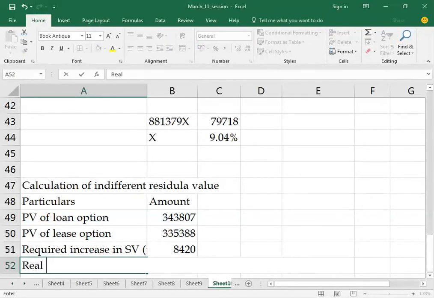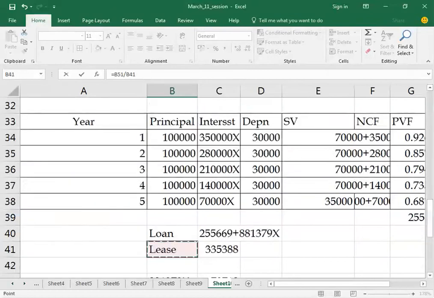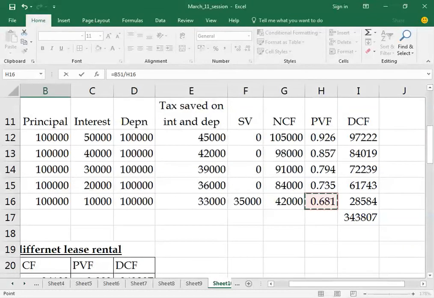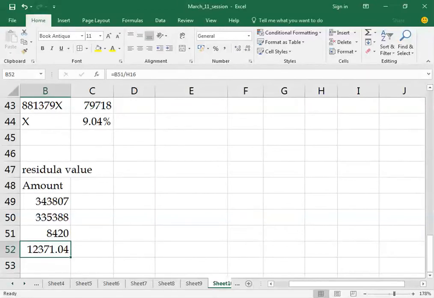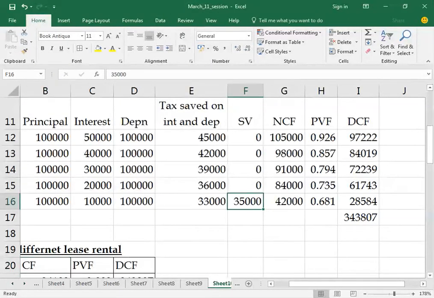Real increase in salvage value is 8420 divided by the fifth year factor, 12,371. Listen for some time. So my salvage value, instead of 35,000 being written there, if this was 47,371, extra 12,371, my job would have been done.